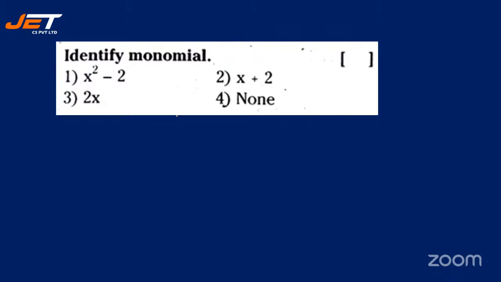See the next question. Identify the monomial. Monomial is nothing but a polynomial with one term. Mono means 1 term. So here we are having a monomial.